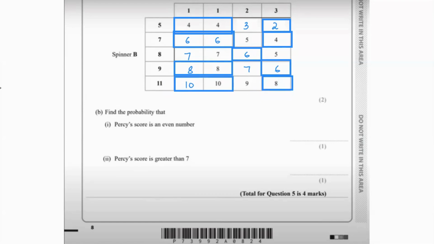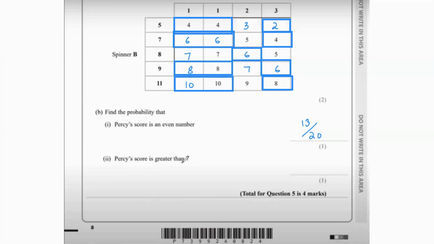So the total number of boxes which have an even score are 13. So 13 out of the total scores is 13 out of 20. Because we have a total of 20 scores, and out of those 20 scores, 13 are even.